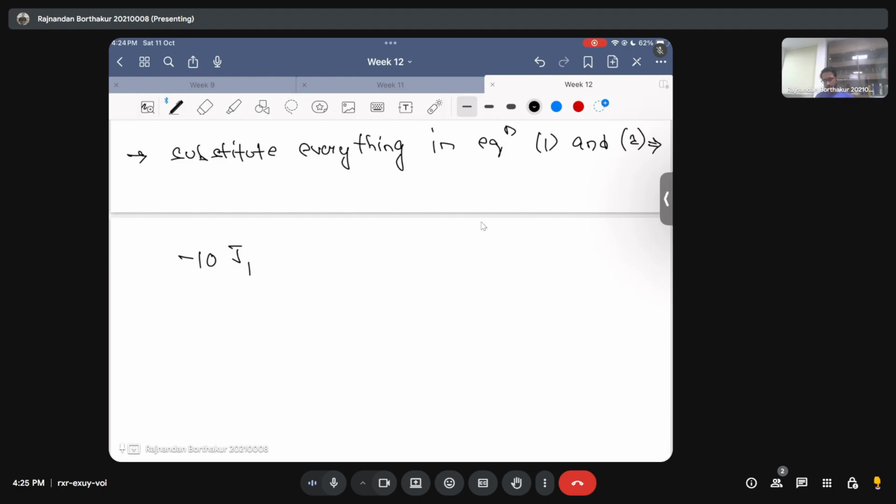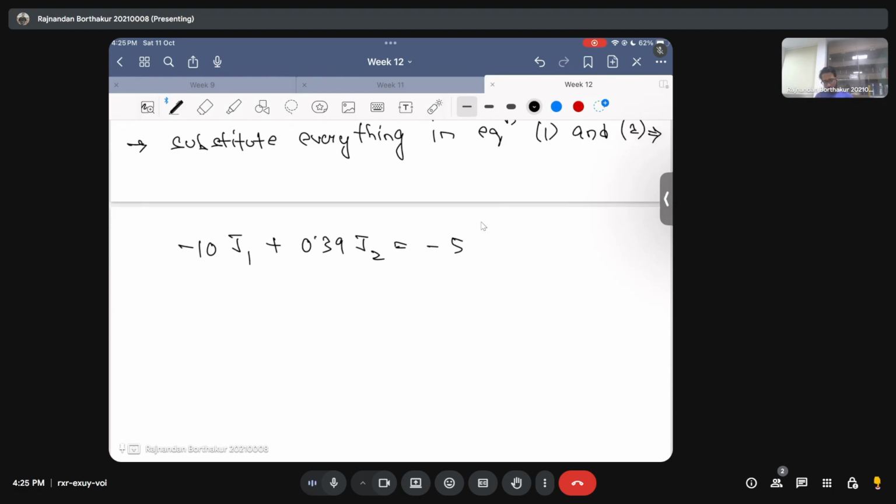So this is going to be minus 10 J1 plus 0.39 J2 equals minus 510,582, and the other one is going to be 0.26 J1 minus 1.67 J2 equals minus 7536.